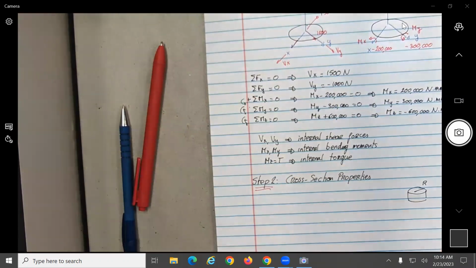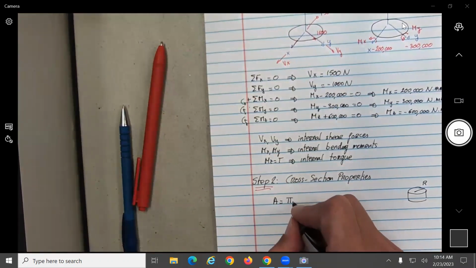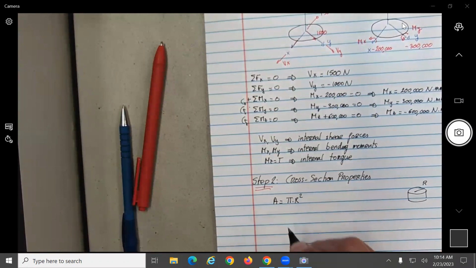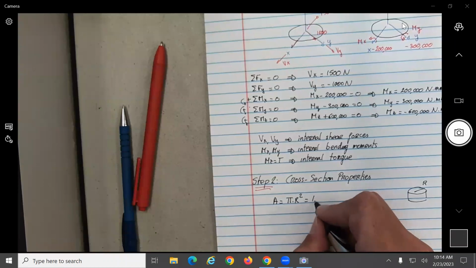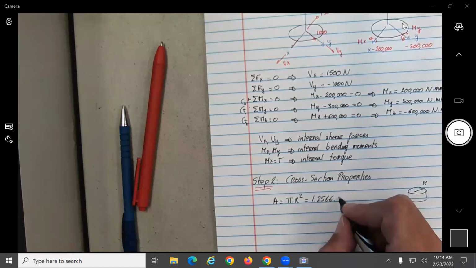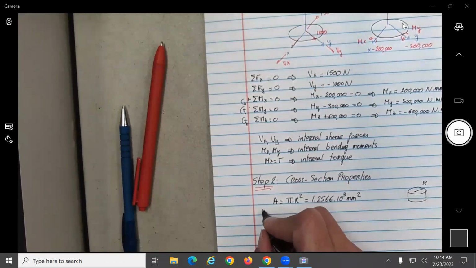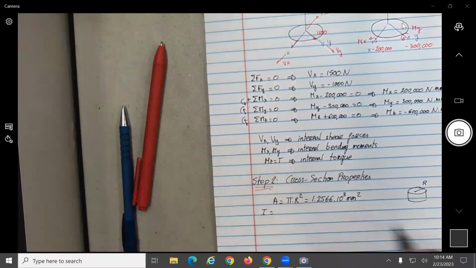The area is easy: the area will be pi r squared, which I calculated to be equal to 1.2566 times 10 to the 3 millimeters squared. Then I call this one I.